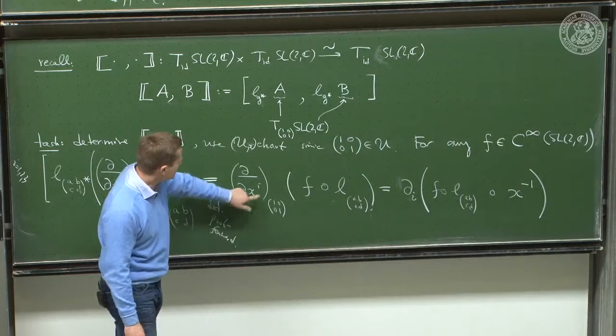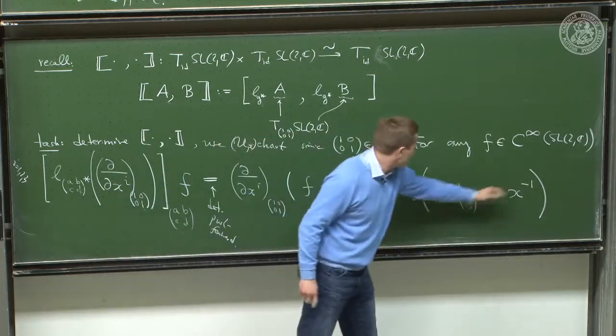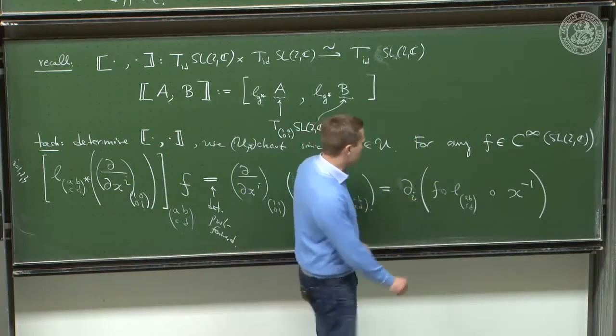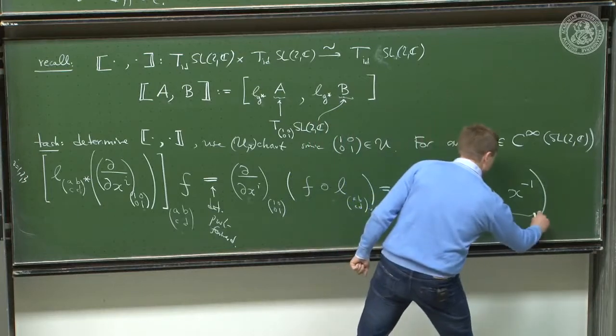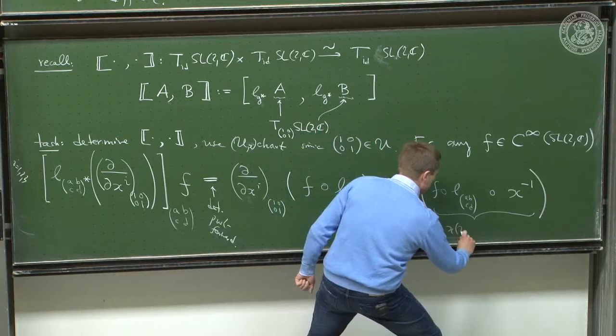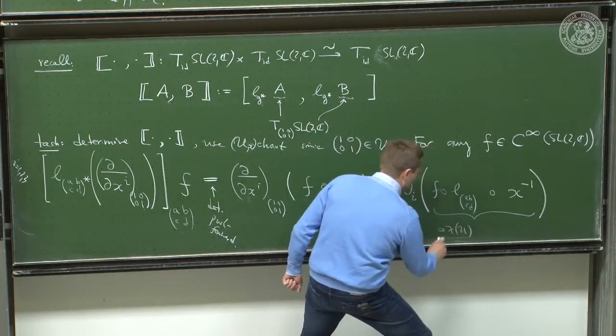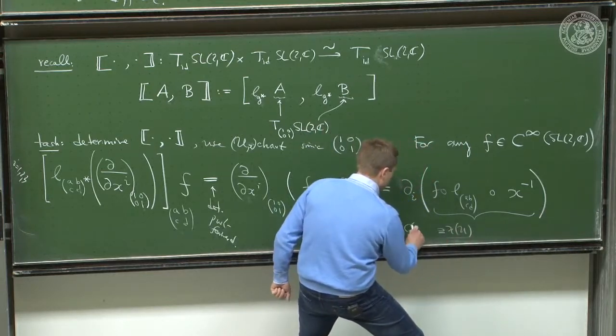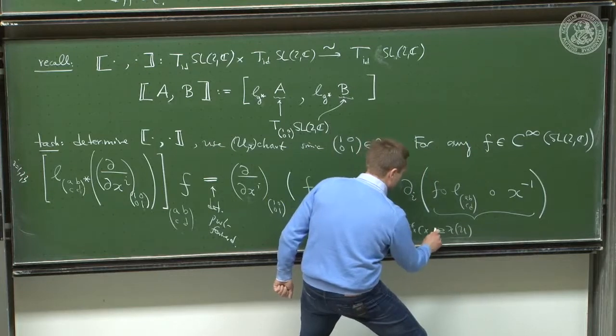You see, I used the x and I used the i. This was the definition, and this is the partial derivative on a map. Let's check from where to where the map goes. From x inverse, that means it goes from x of U, which, however, is a subset of C star cross C cross C.